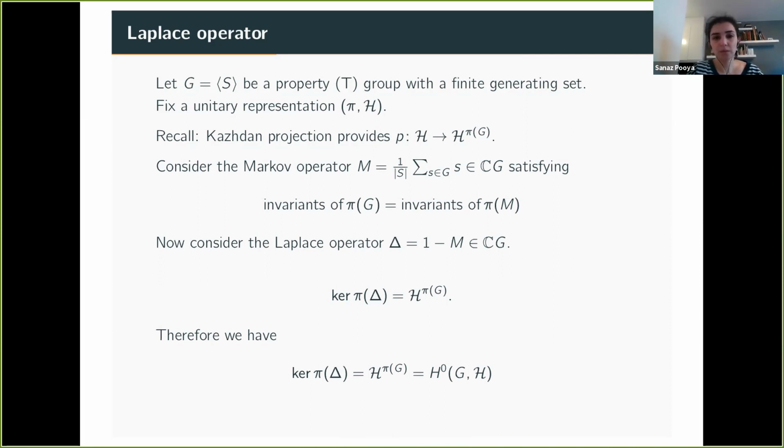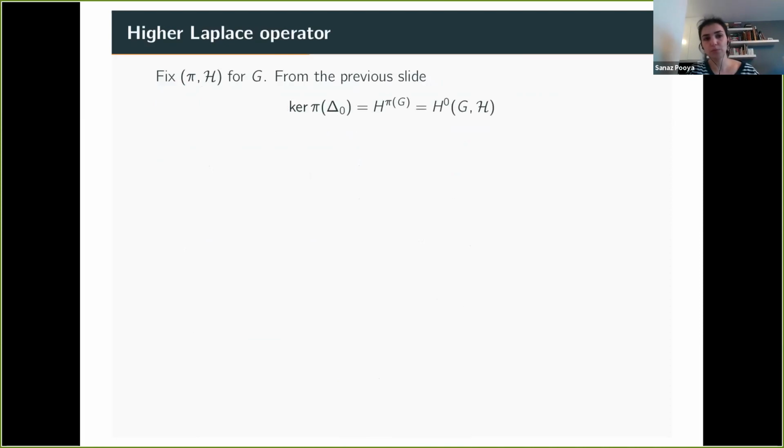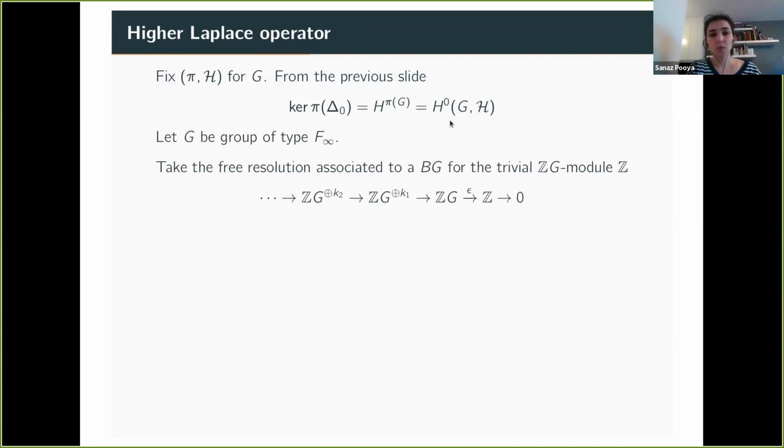Okay, now let's move to higher degrees. We fixed the representation, and we have seen that we basically have this equality. I put 0 here just to see what we are going to generalize. So further, let's assume that G is a group of type F infinity. This is going to just simplify our construction.